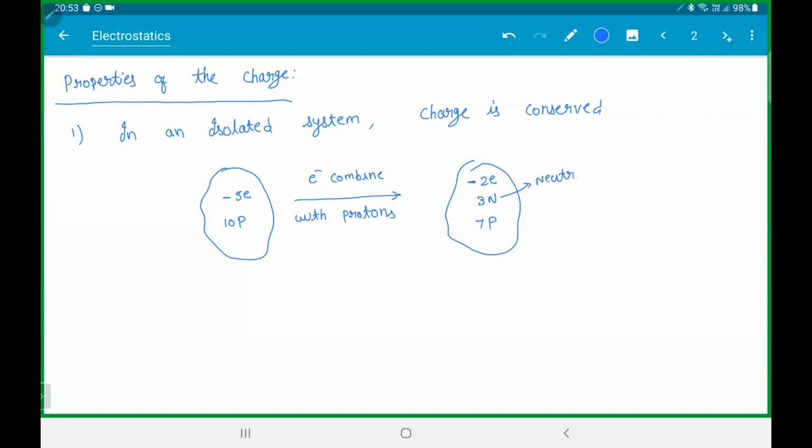If you observe here, the total charge remains the same. The number of charged particles changes. Initially you have 15 charged particles, 10 protons and 5 electrons. Now we have only 7 plus 2, 9 charged particles. But the total charge initially is 10 minus 5, and finally it is 7 minus 2. The total charge remains the same.